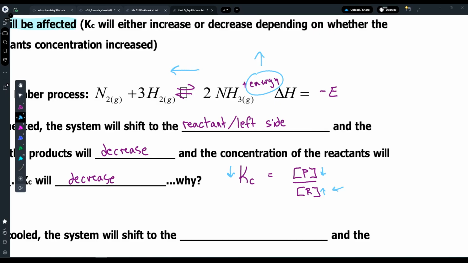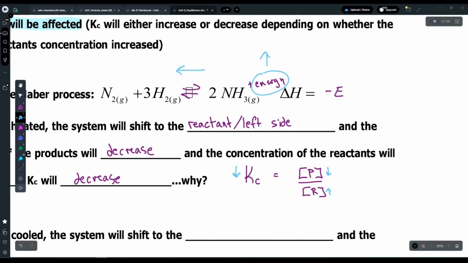So since concentration of reactants is increasing, the opposite must happen to the equilibrium constant. So again, that matches up with the equilibrium constant has to decrease. So again, it doesn't matter if you're comparing equilibrium constant to the concentration of the products or to what's happening with the reactants, you get the same answer in the end.